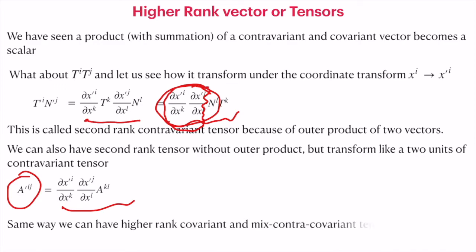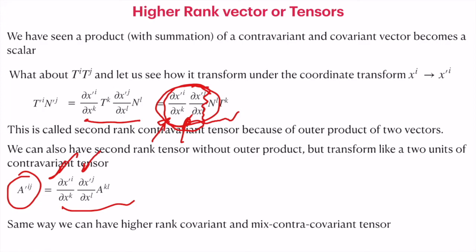We can also have a second order covariant tensor, as it has two covariant transformations multiplied together, or we can have mixed ones, one contravariant and one covariant, simply based on how many times you are using the contravariant transformation and the covariant transformation to get to the new coordinate system.